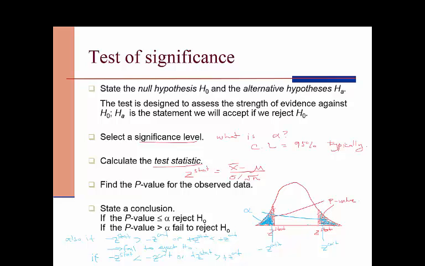This blue line would move inside, so the positive Z stat would be on the right hand side, more than the positive Z critical. In that case, alpha, the area to the left hand side of Z critical, would be more than the p-value, which is the red area. The blue shaded area, once we move this in, would be more than the red shaded area. So p-value, the red, would be less than the blue. Red is p-value, alpha is blue. So red would be less than the blue, therefore we would reject H naught, our null hypothesis.